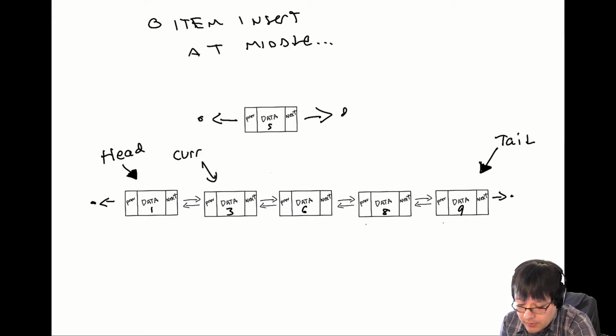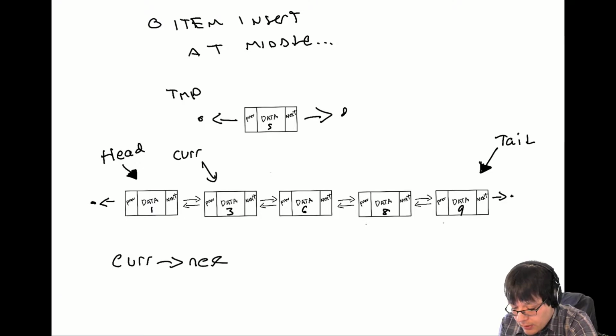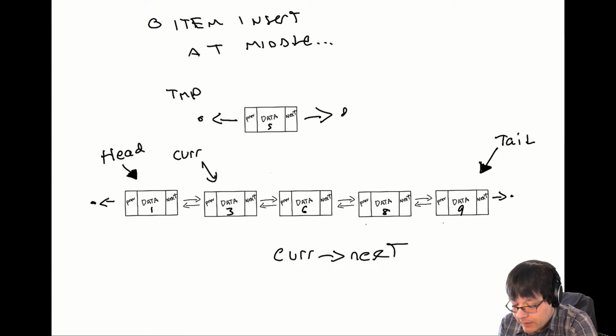So let's just call that one temp. Okay? So what we need to do is copy cur next, which currently has this pointer here pointing from 3 to 6. We need to copy that value into temp next.